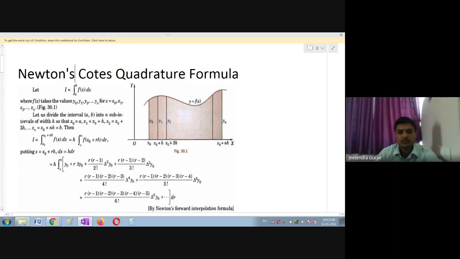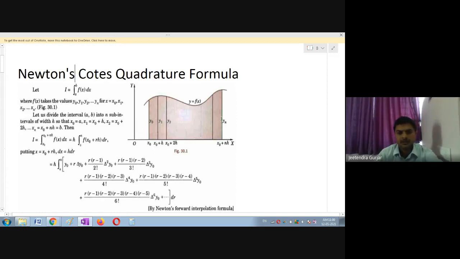The next value will be x naught plus 2h, and the corresponding value y2. So I'm going to find the area under this curve, students. The same way this will continue till yn. Whatever the area will be, I'm going to calculate the approximate area, students. This is very important.